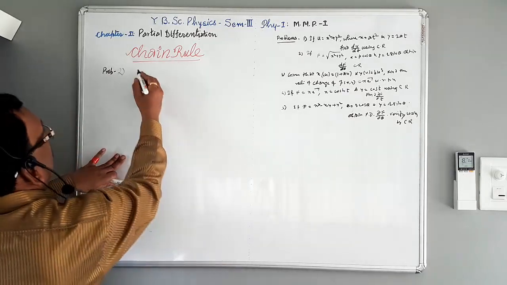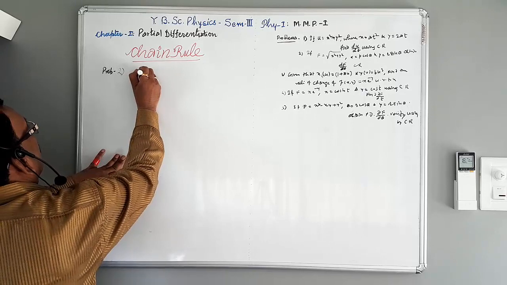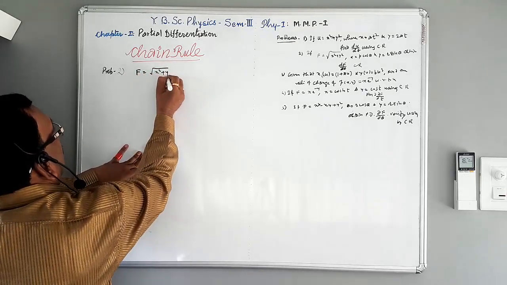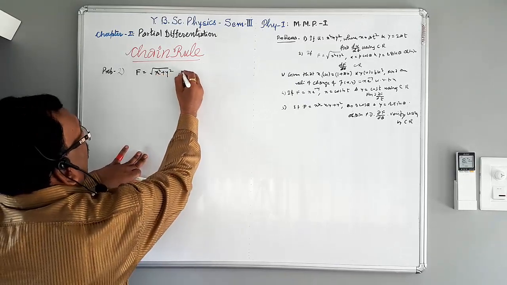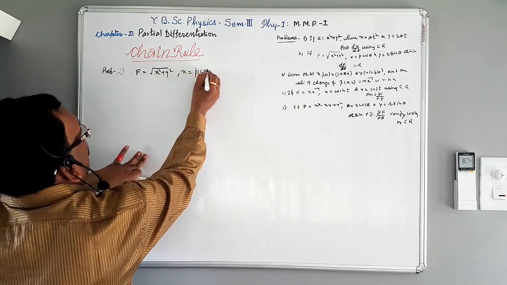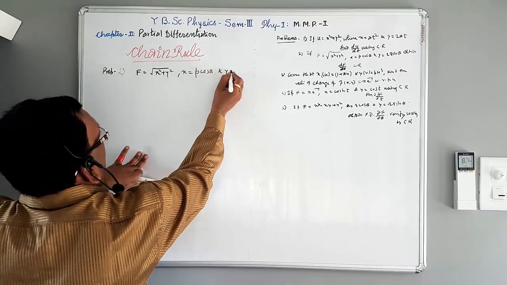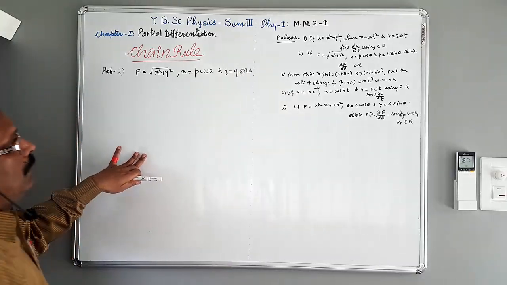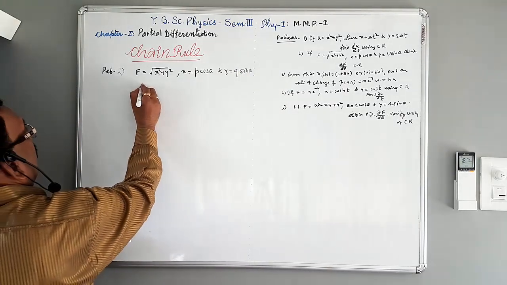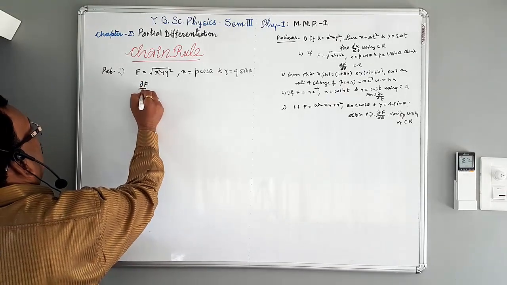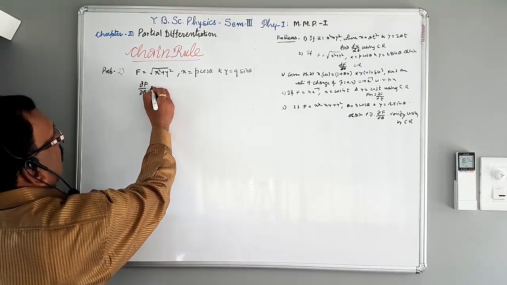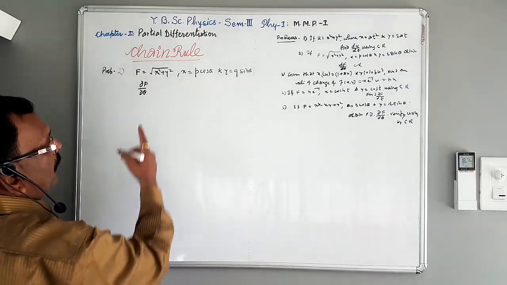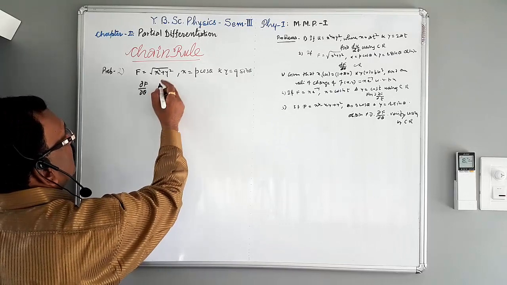Another problem: if f is equal to under root x square plus y square and x is equal to p cos theta and y is equal to q sin theta, obtain del f by del theta, that is partial differentiation of this given function with respect to theta, by using chain rule.